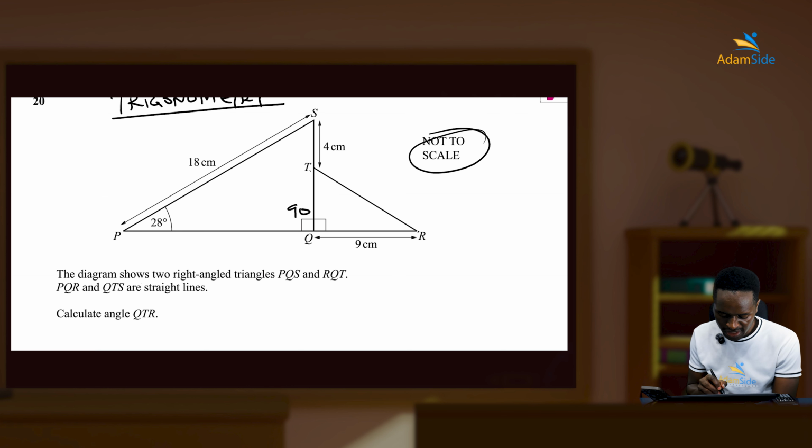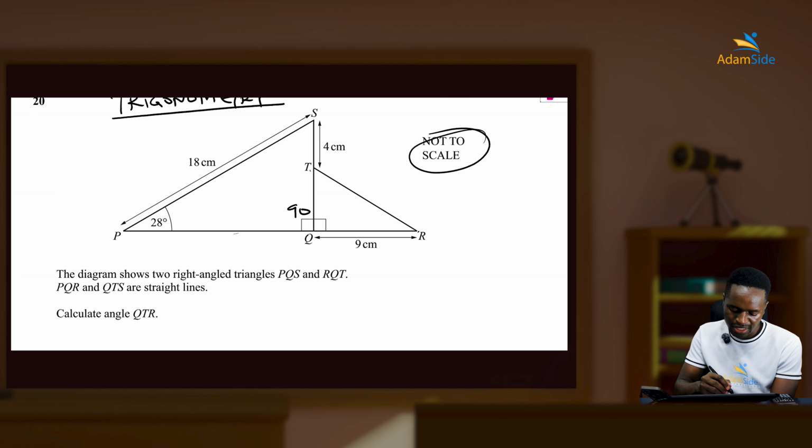The diagram shows 2 right angle triangles PQS and RQTS. PQR and QTS are straight lines. Calculate angle QTR. We cannot get angle QTR if we don't know the distance QS. So what are we supposed to do? We will have to find this first.